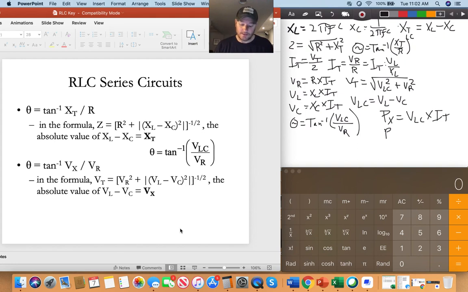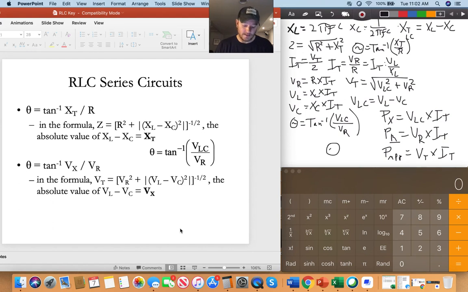Power across the resistor is going to be the voltage drop across the resistor times IT. And the apparent power, remember, this can also be called true power as well. There are a couple formulas for this, but for simplicity, say voltage total times I total.